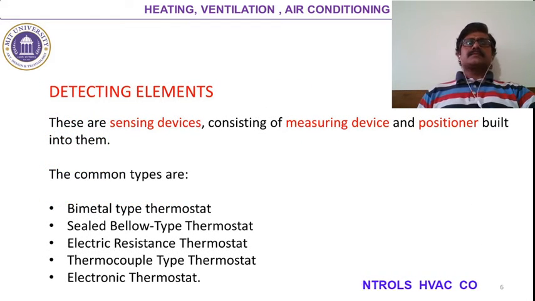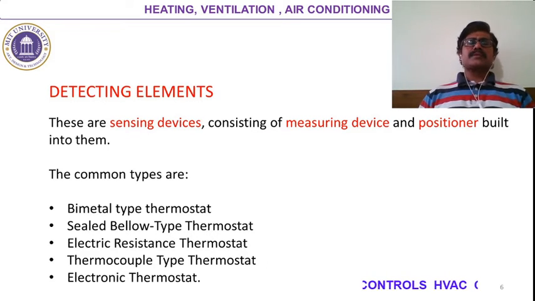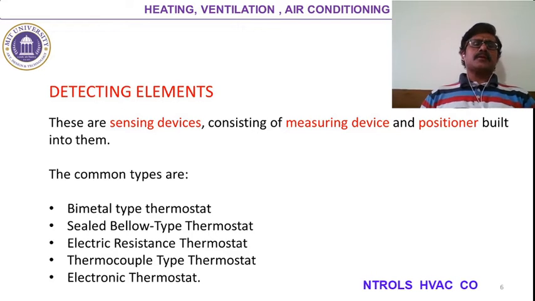The detecting elements. Let us look first at the discussion of the detecting elements. The detecting elements are often called the sensing elements or sensing devices. This consists of the measuring device and the positioner, which are built into the detecting element.